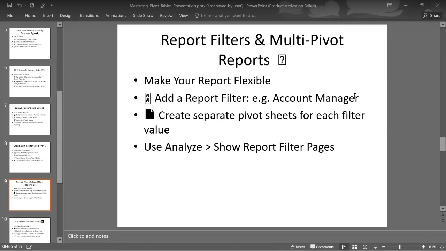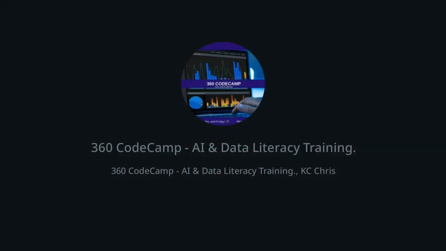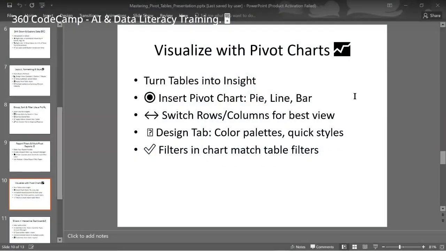Now we will come to visualizing with pivot chart. Okay, a chart in a pivot table is called a pivot chart. It's almost the same pie chart, line, bar, and column chart that we know, but this time you are creating them using a pivot table. It's almost the same way you create a chart in Excel.